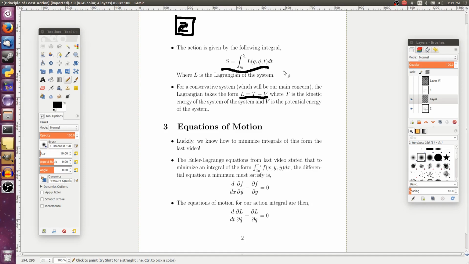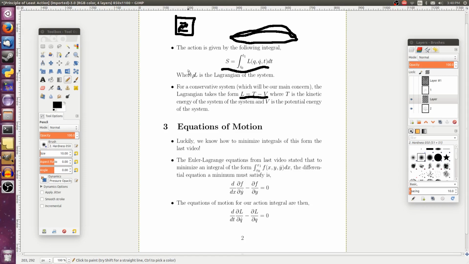Now, it seems kind of weird having an integral law like this, because does that mean the particle or system is thinking about all the different routes it could take? Unfortunately, the answer is no. It just happens that if you make this choice for your Lagrangian, you pretty much get Newton's laws right back out.